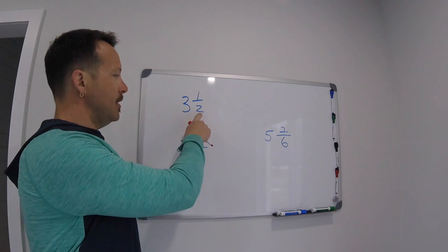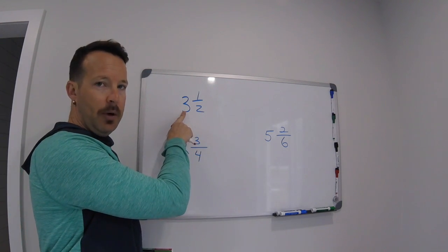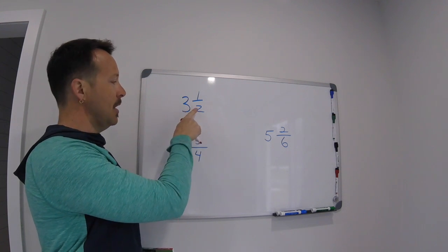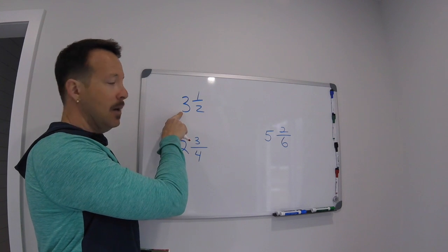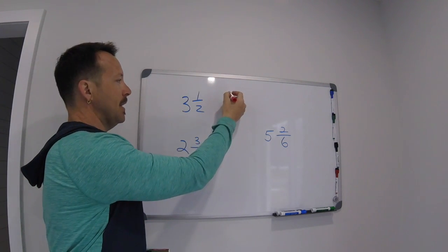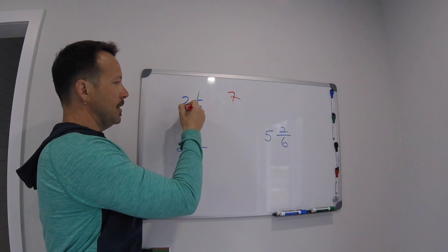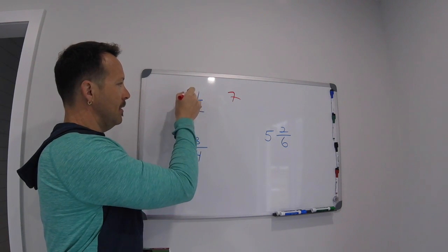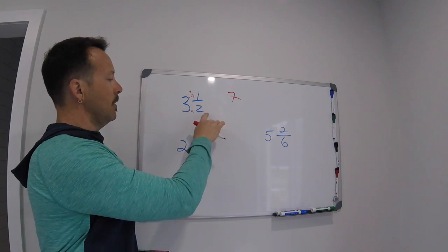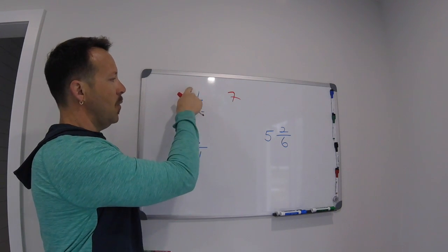So we're going to multiply the denominator and the whole number. So basically it looks like this. 3 times 2 is 6, plus 1 is 7. So we're going to multiply these, and then we're going to add those. 3 times 2 is 6, plus 1 is 7.